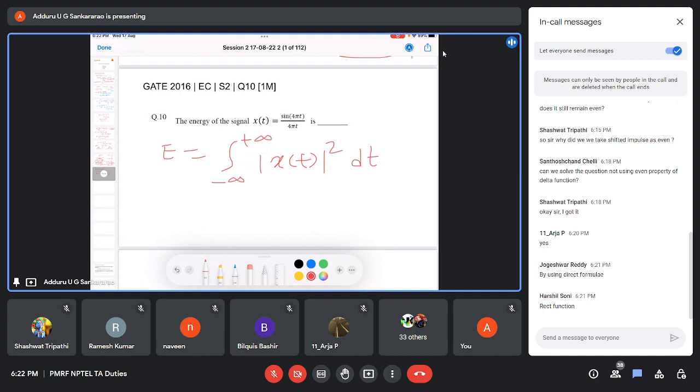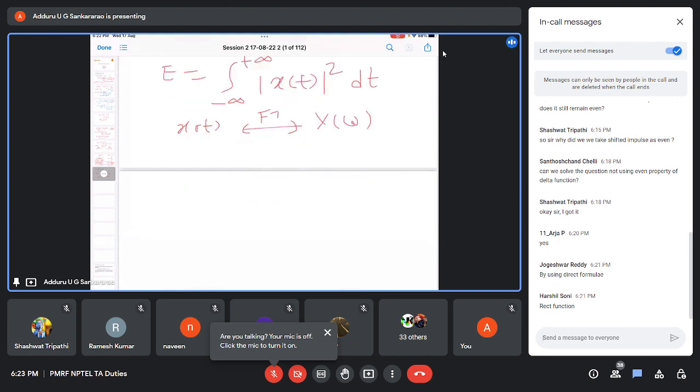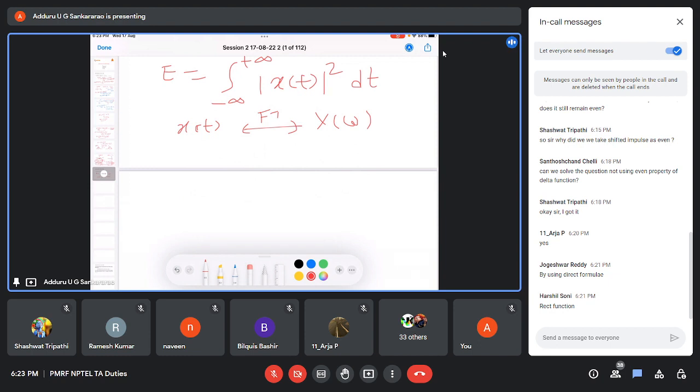Now here we will take the help of one of the properties of the Fourier transform, that is Parseval's energy theorem. It states that let us say a signal x of t is there, and its Fourier transform is x of omega. This is the time domain x of t, and in the frequency domain x of omega. Then the energy of the signal in the time domain is equal to the energy of the signal in the frequency domain.